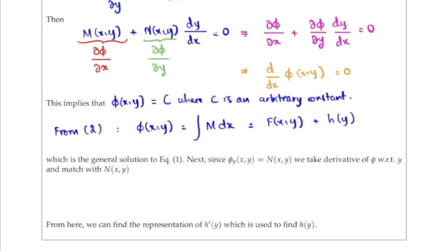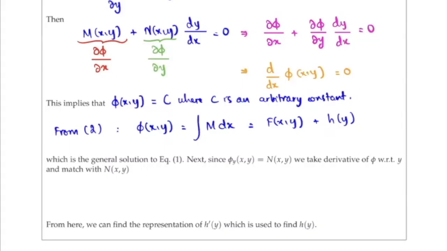But in this context, you integrate with respect to x, therefore the constant can be something related to y, because y is a constant here. So instead of just an arbitrary constant, I put in a function of y, h of y. And this is the general solution. Now you get the representation of phi of x y as F of x y plus h of y.